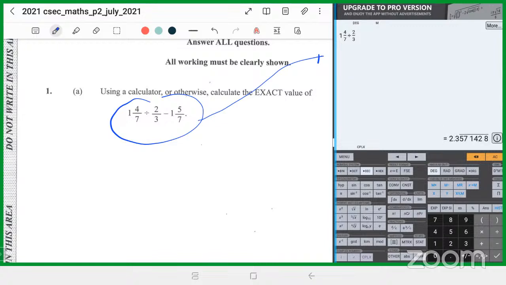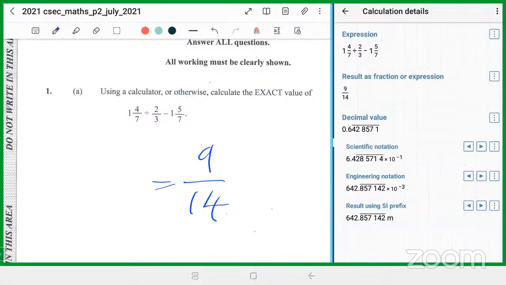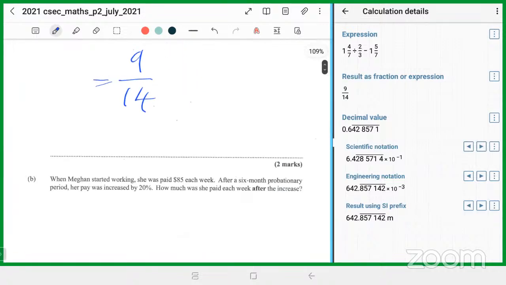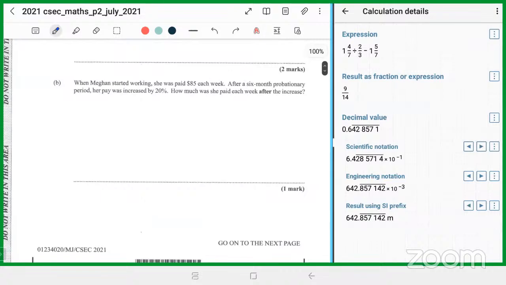And then we are subtracting a mixed number of 1 and 5/7. And as a fraction, this is the answer: 9/14. That's what this is equal to. Done. Good. First mark. Actually given 2 marks for that. Can you believe it?